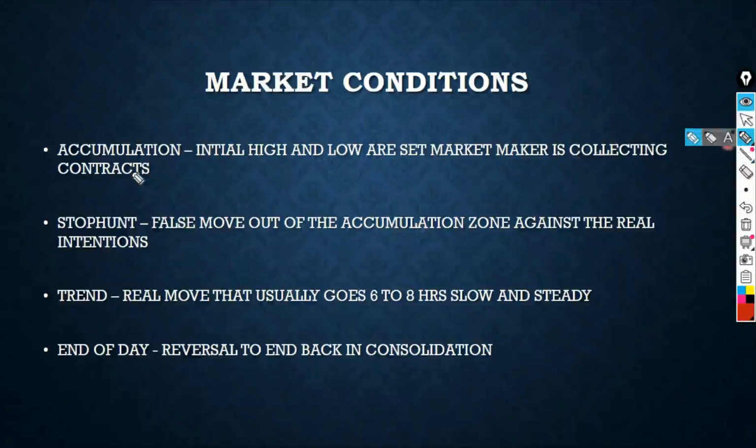We have some market conditions where I told you that the first market condition is what? Accumulation. We are inside a range where the initial low and high are set by the market maker, and the market maker is collecting contracts. He needs to collect contracts before he starts to move the market. You can't move the market when you do not have contracts, because you're wasting your money.